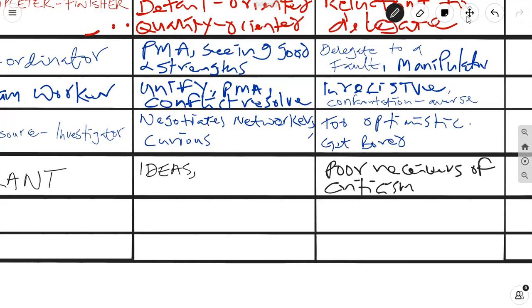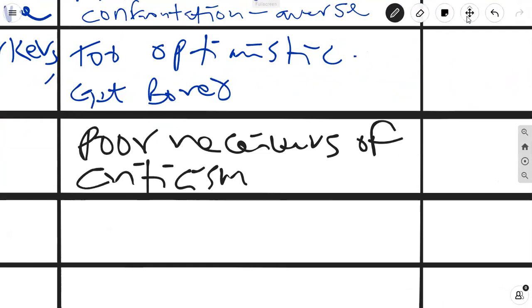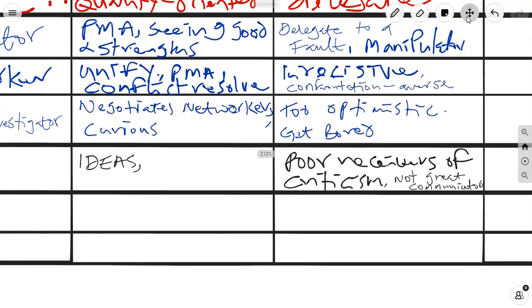Also, these plants are not great communicators. So while they got great ideas, they may not be great communicators. And in the same token, you could have plants that are awesome communicators because they've been made aware of it and they know how to bridle it and they've worked on themselves.